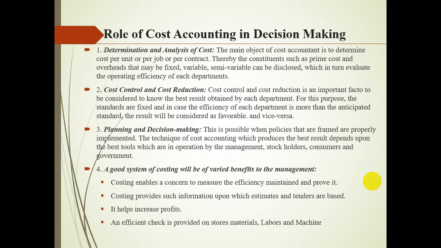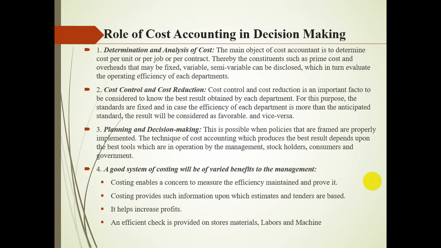Fixed cost is that cost which cannot be changed. Variable cost is that cost which changes with the level of production, but semi-variable cost is not fixed as well as not variable, it is in the middle, and we use it for a short period of time. So the main objective is that you have to know about the different costs that occur at different stages, and then analyze them. That is the first role of cost accounting.